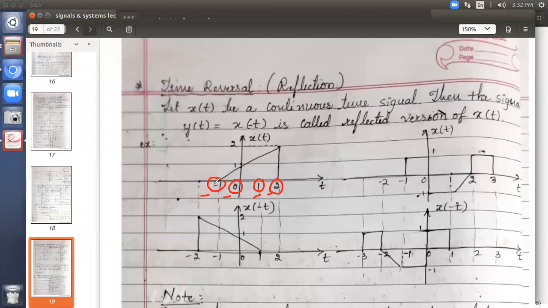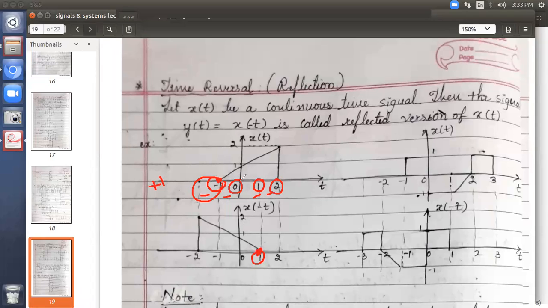Okay, what is minus of -1? It will become +1. So what is the amplitude here? It is 0, there is nothing. After this the ramp is there, but at -1 it is 0. So what is the time minus of -1? It is +1. So at +1, no amplitude, 0.